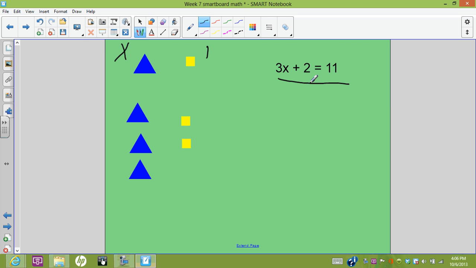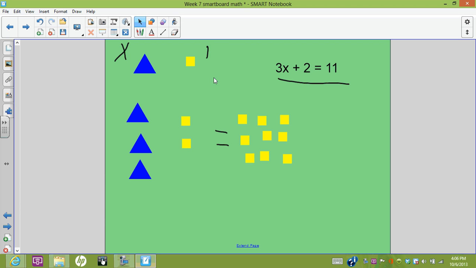And in my equation, it's going to equal, oh gosh, I have to do 1, 2, 3, 4, 5, 6, 7, 8, almost there, 9, 10, and 11. Okay, so I have represented, or modeled, my equation using triangles and squares.